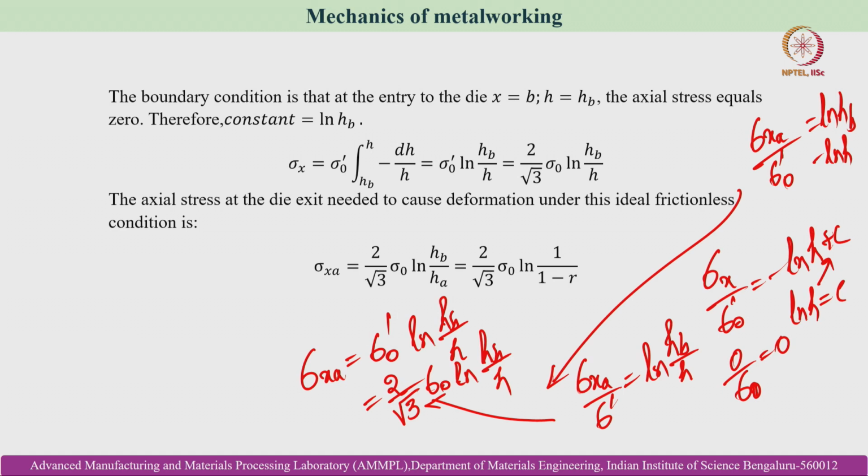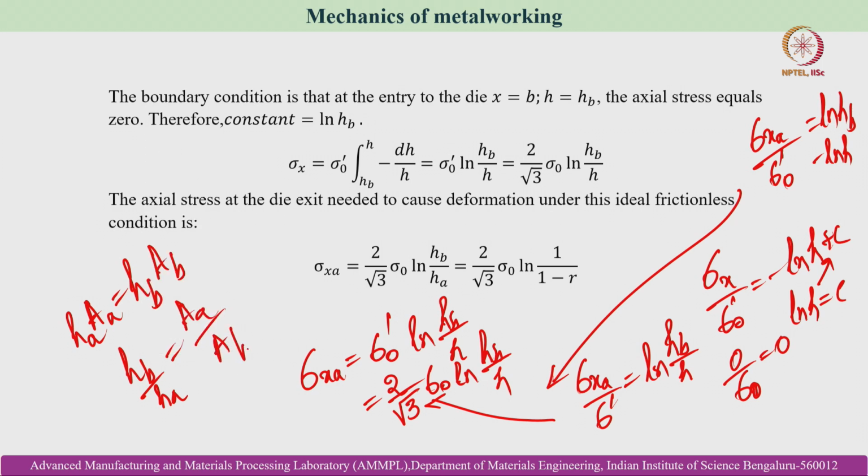So, for example, if we equate the initial height h a into initial area A a is equal to final height h b into the final area A b, then h b by h a becomes A a by A b. Why are we writing this expression?